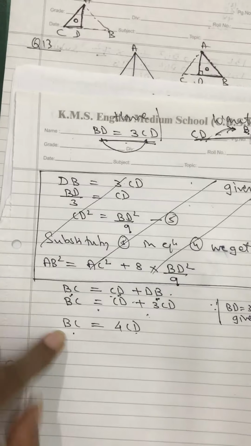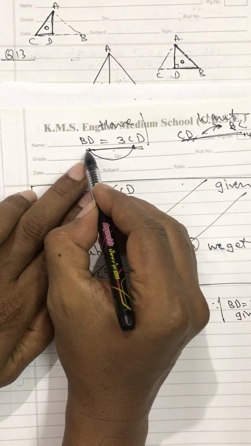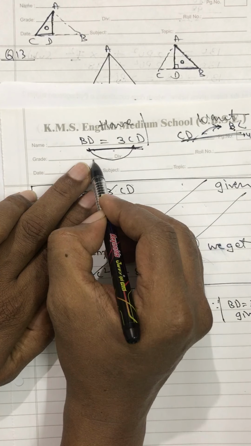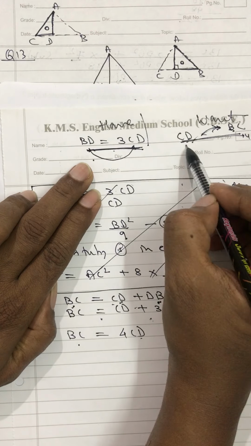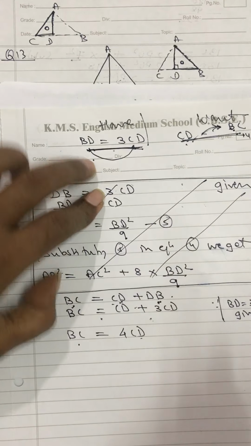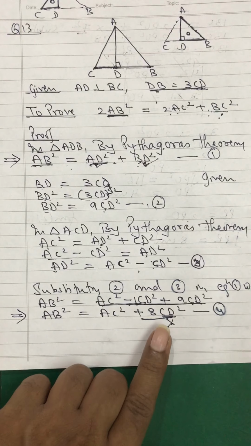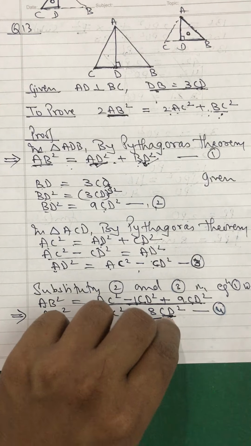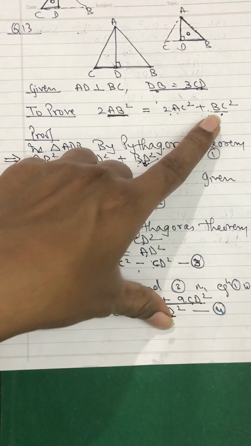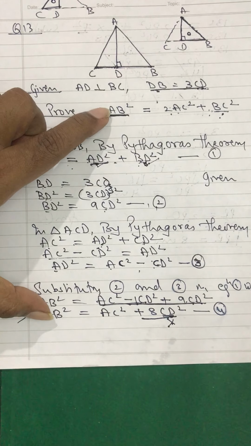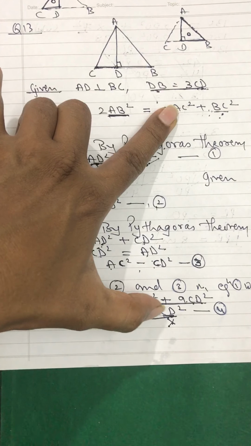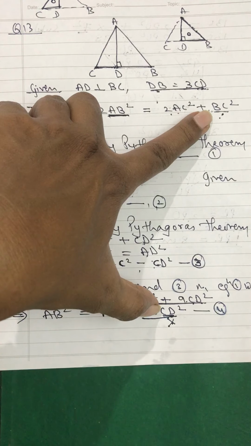That is what I am trying to explain to you, my dear students. They have given me the relation between BD and CD, but I want the relation between CD and BC. And why I want that, I have explained over here. I want CD to go and BC to come. See, AB square, AC square, CD square has to go and BC square has to come.